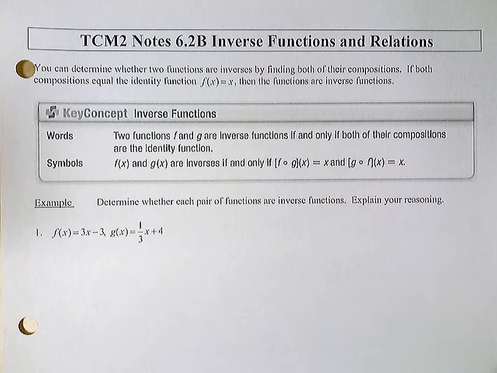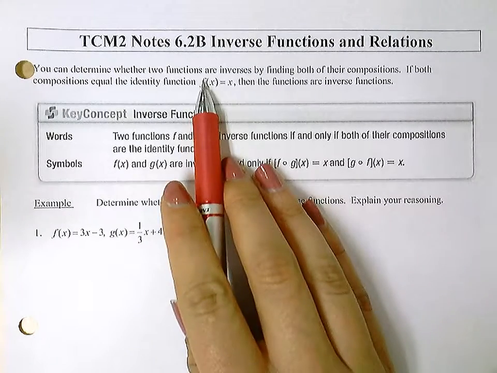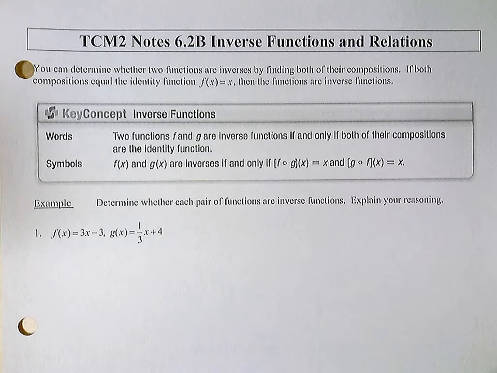All right, so we're still going to look at inverse functions and relations today. We're just going to go through proving whether or not two functions are inverses of each other. You can determine whether two functions are inverses by finding both of their compositions.